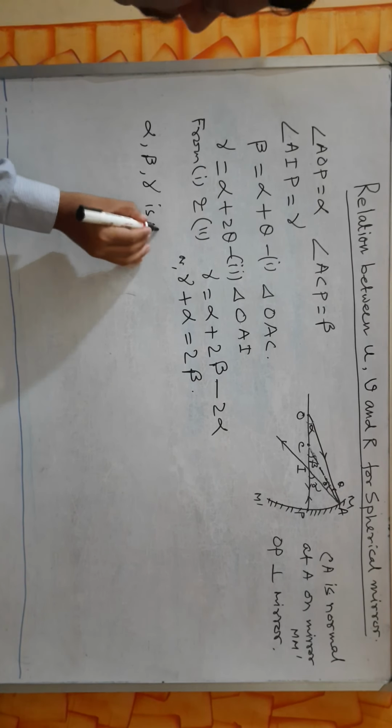So alpha, beta, gamma are very small. So tan alpha is equal to AP upon OP, beta is equal to AP upon CP, and gamma is equal to AP upon PI.